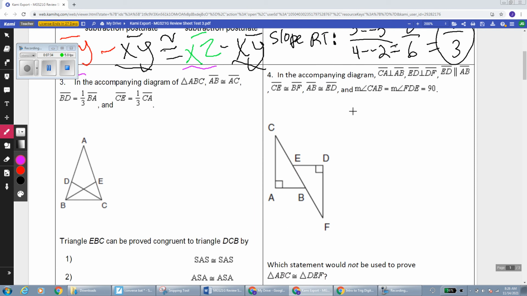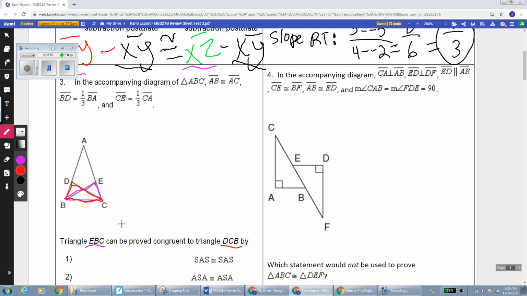Number 3. In number 3, it's asking us how the 2 triangles EBC and DCB can be proved congruent. So here's EBC. Let me just highlight it, EBC. And then we also have DCB. There we go, all highlighted.